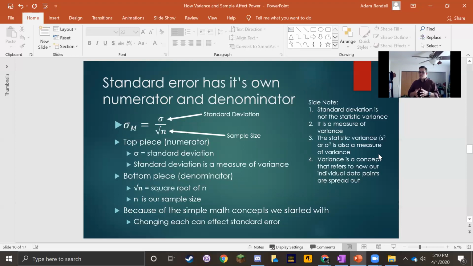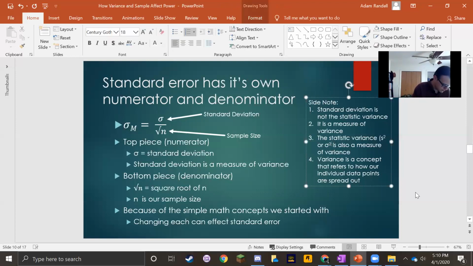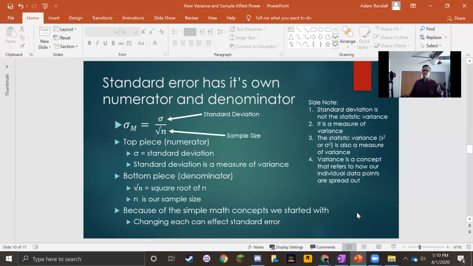Standard error, standard deviation, and the statistic variance are all measures of variance, all right? So standard deviation is a measure of variance. The statistic variance is a measure of variance. But variance is just a concept that refers to how spread out our individual scores are, all right?